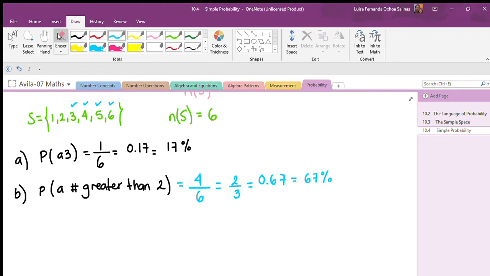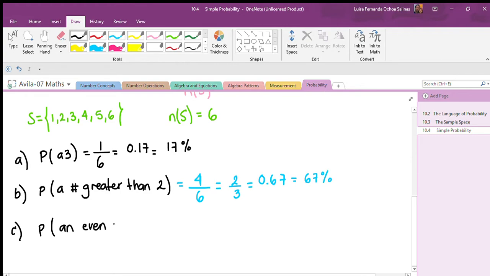Beautiful. Okay, for our final example, the question says, what is the probability of getting an even number? We go to our sample space and identify how many numbers here are even. I have the 2, the 4, and the 6.